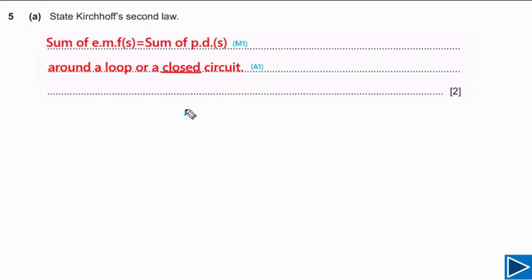Let's try to understand Kirchhoff's second law with the help of one simple circuit. Let me draw one circuit here first of all. In this very simple circuit, let's say the EMF of this cell is E and this resistor is R1. If we connect a voltmeter across this one, let's say the reading on this voltmeter is V1, and this is the potential difference across this resistor.